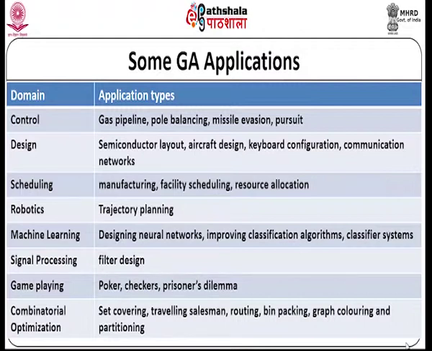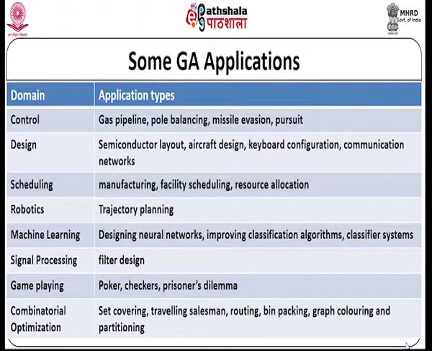You also have other applications like filter design in signal processing, which is again a design problem. Then you have classifier problems, and the prisoner's dilemma in game playing. You also have other typical problems like the traveling salesman, graph coloring and partitioning problems; all these have also been tried out with the GA approach.